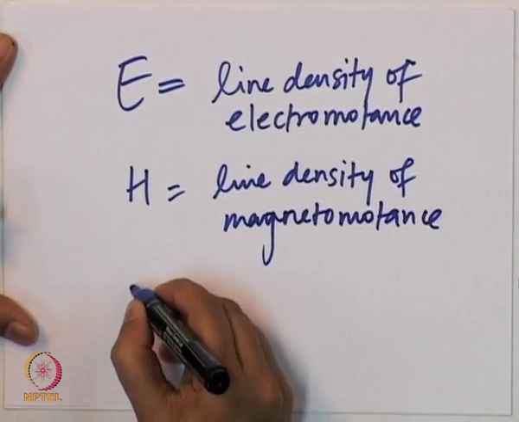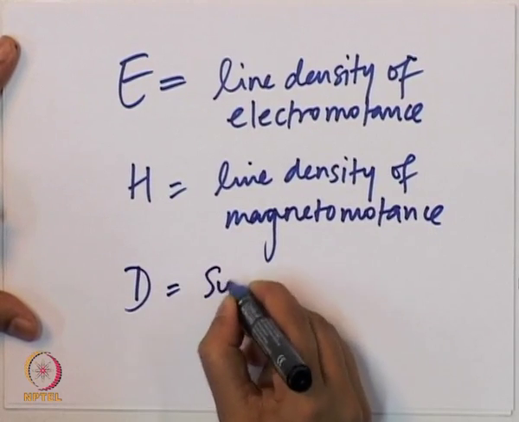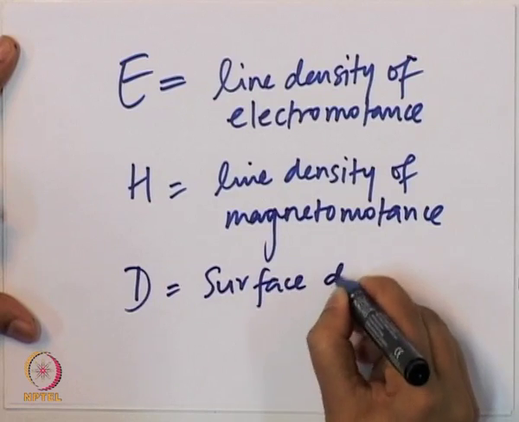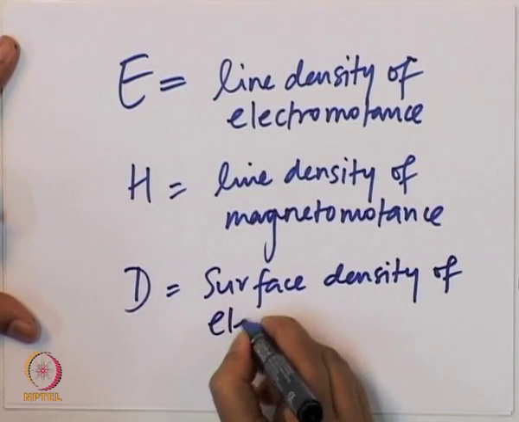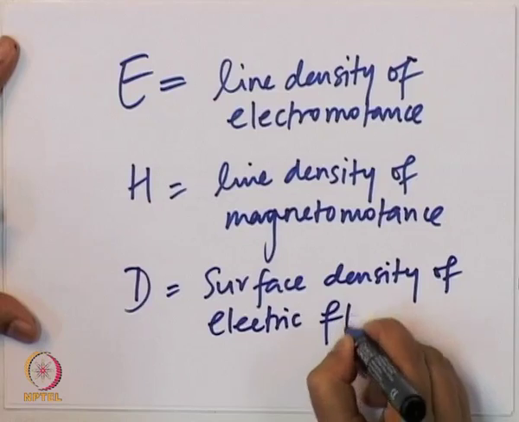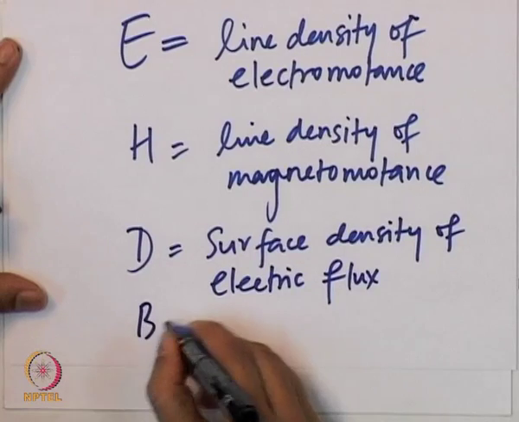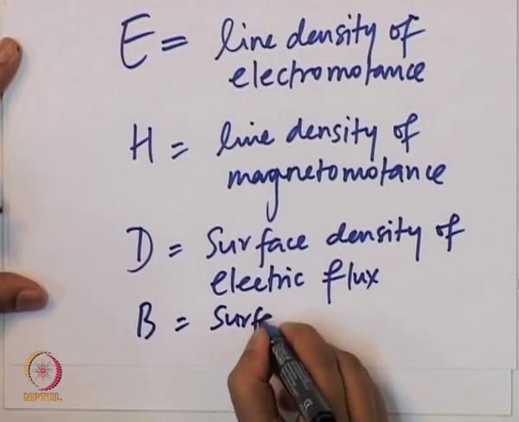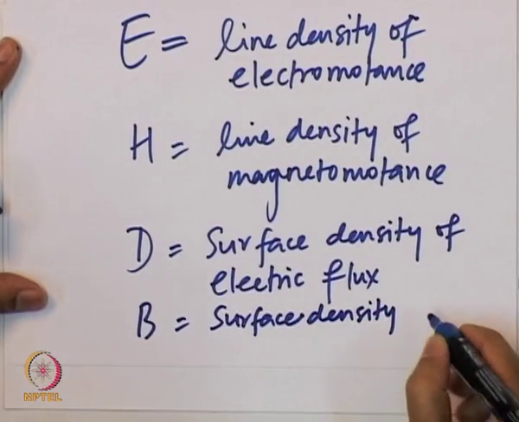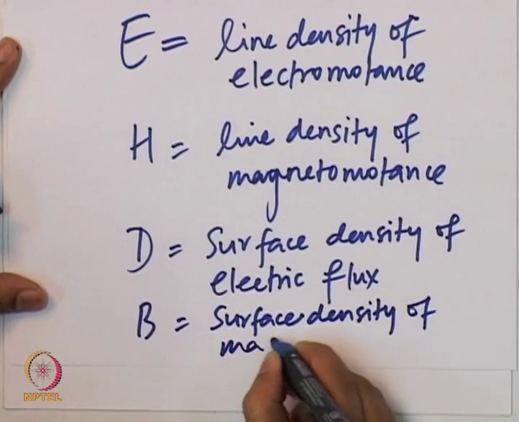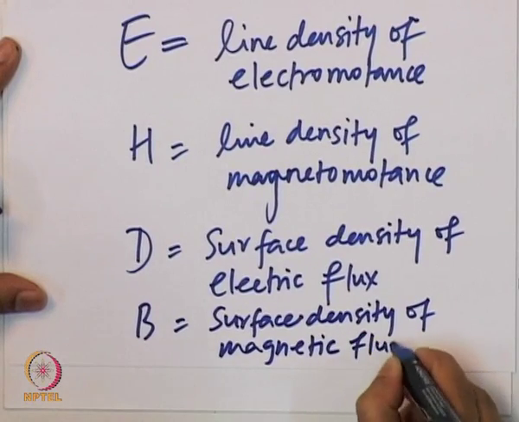And similarly, D, the electric displacement, is the surface density of electric flux, and B is the surface density of magnetic flux.